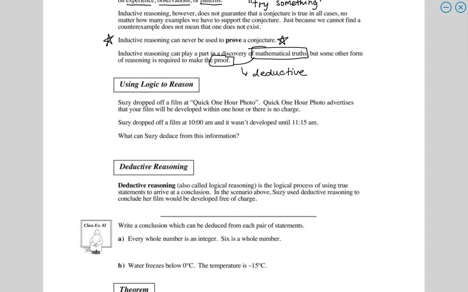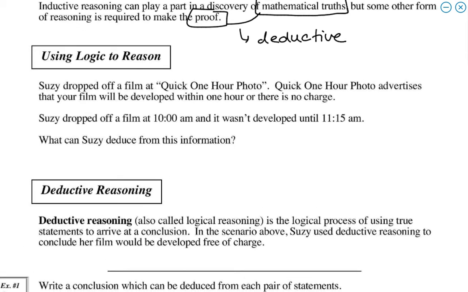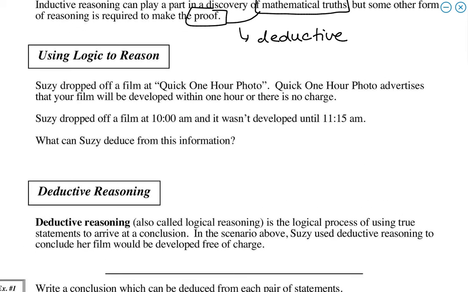Okay, let's talk about a little bit of logic. This logic has a special word. It's called transitivity. You don't need to know that, but we'll see it in a bit. Let's just try some logic. Susie drops off a film at Quick 1 Hour Photo. Susie dropped off the film at 10. It wasn't developed until 11:15. What can you deduce from this information? That it's not a quick 1 hour photo. Good.